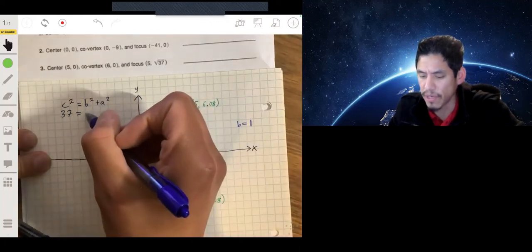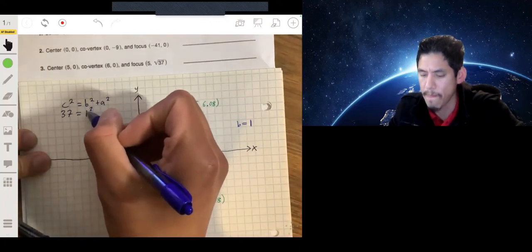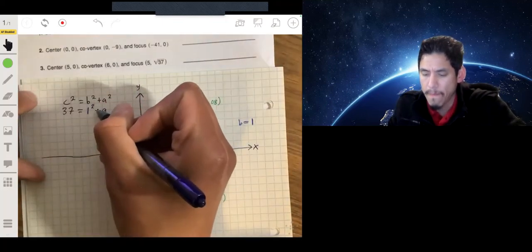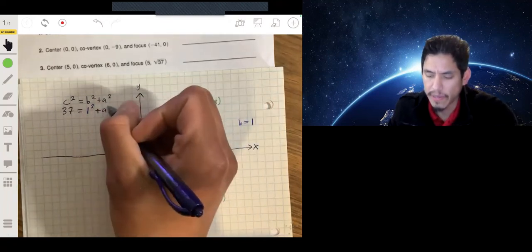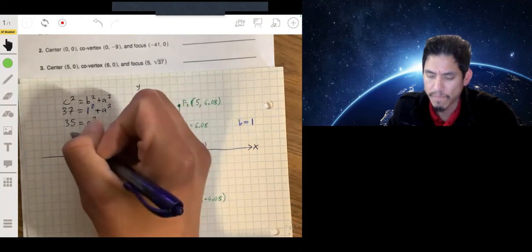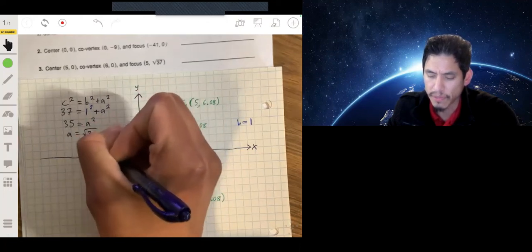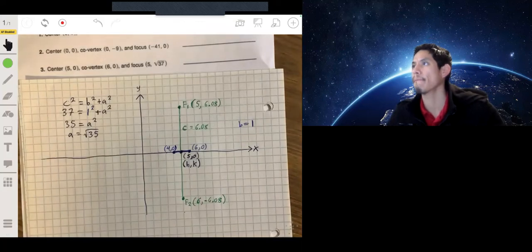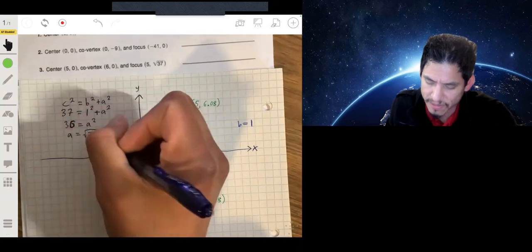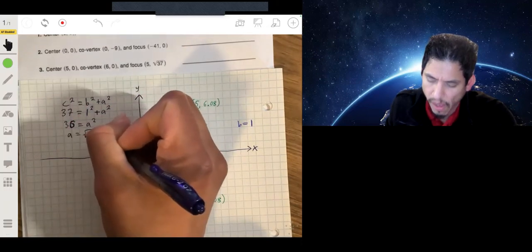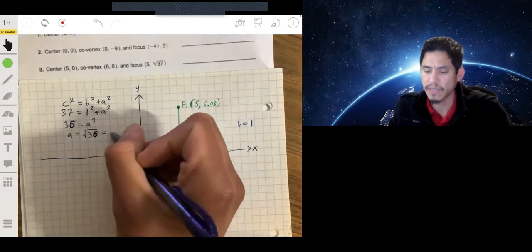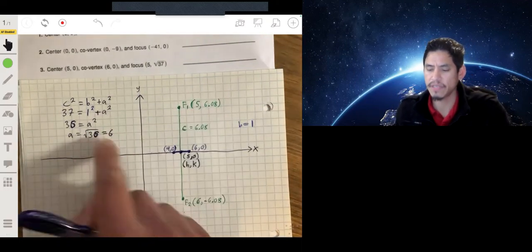So B squared will be 1 squared, or just 1, plus A squared. And A squared will be 36. Not 30, 36. That was one I wanted to keep you on guard. So A will be 6, and actually that makes our lives a lot easier. So A is 6.